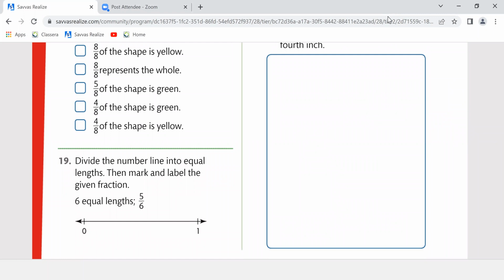So what does it mean to make a line plot? You draw a number line. First of all, you see this table plus what you measured, and you write numbers from the smallest to the biggest on the number line.